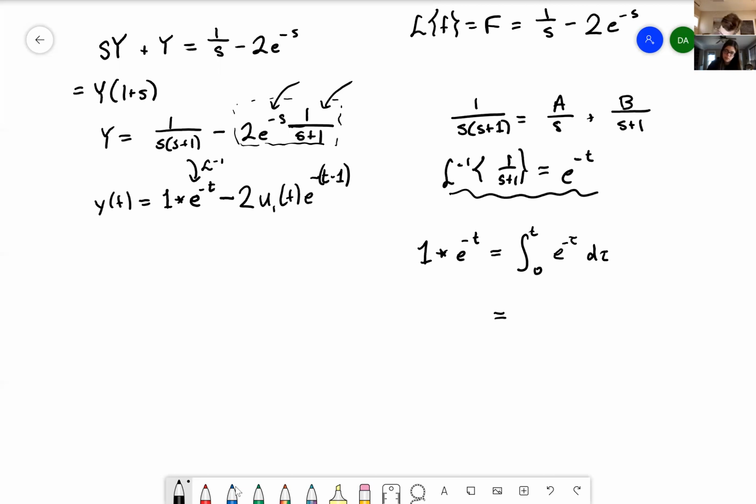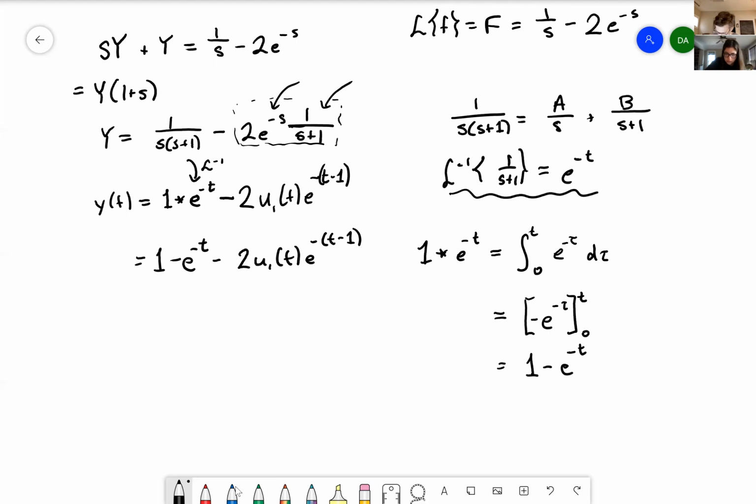So we get negative e to the minus tau from 0 to t. So we get 1 minus e to the minus t. Okay. So unless I've made a mistake in that integral, that's what we should get for that first part of the convolution. And then we've got the second part already done. So this should be the answer.